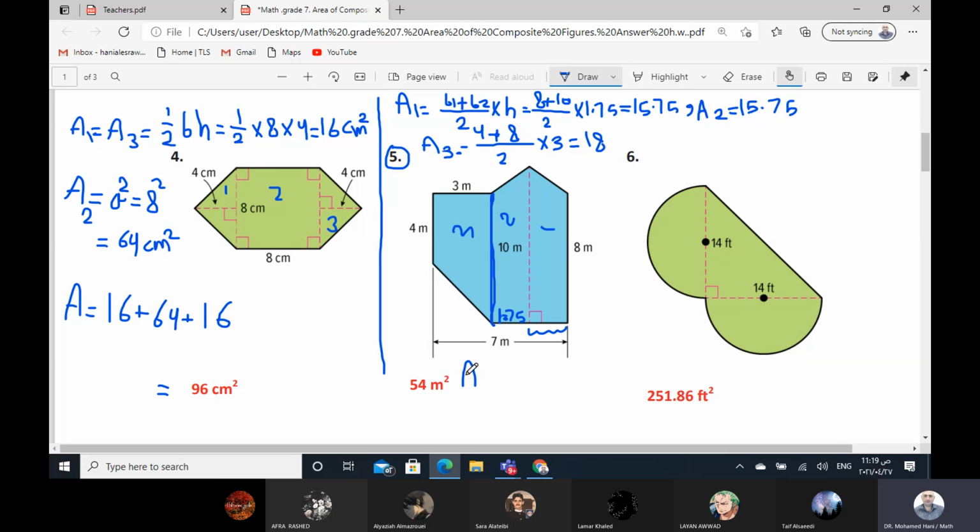So the area of the composite, the total, we have 15.75 plus 15.75 plus 18. The answer will be 54.